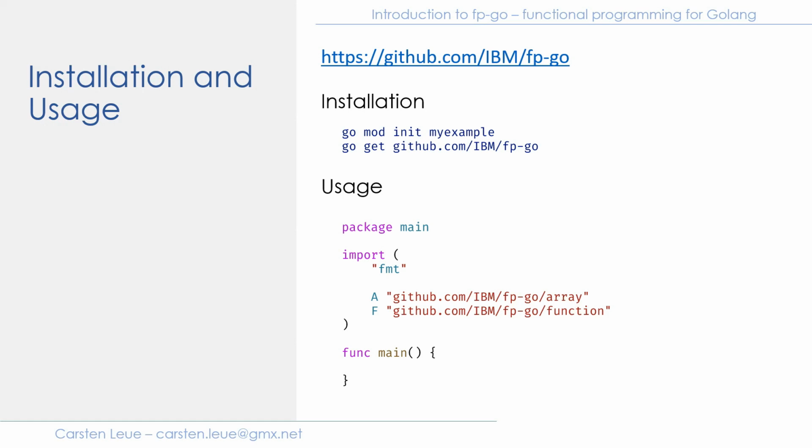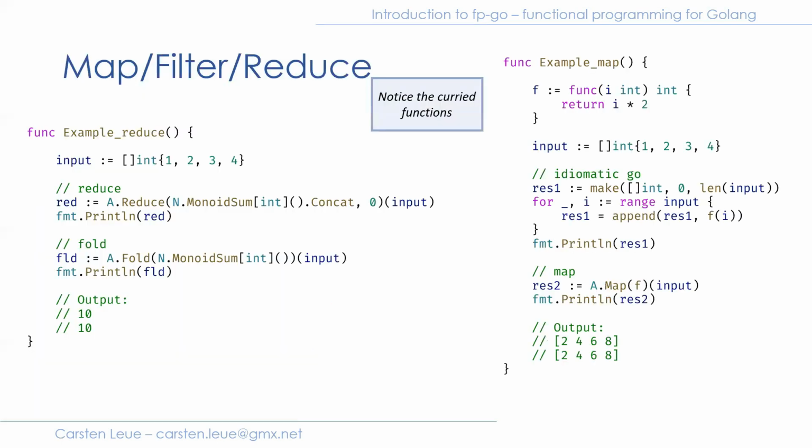And I'm typically assigning a shortcut to such an import statement. And you can see the shortcut A for the array import and F for function, as an example. Some may like it, some may not like it, but that is my preferred style, and I'm using this in the following examples here. So let's have a look at how the code looks like.